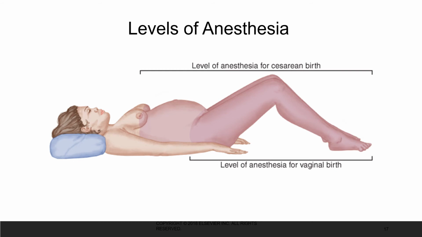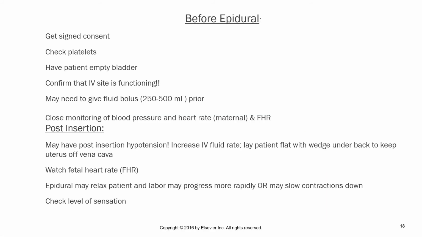So that's why it's important after the spinal or the epidural, the baby's born, we take the epidural out. We have to make sure that mama gets sensation back, and a spinal too, gets sensation back in her lower extremities before we ever try to get her out of bed, because she'll fall. And you'll have a real problem on your hands. Okay.